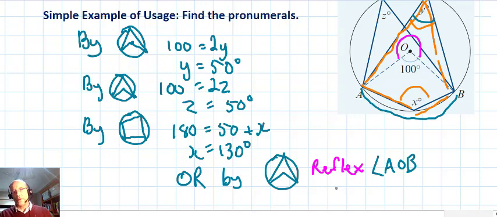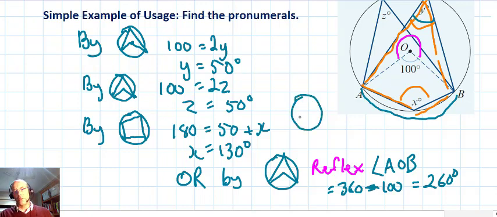We've got 360, a revolution, take 100, equals that reflex AOB, which is 260 degrees, and 260 degrees is going to be twice what x is, because it's that theorem 1, just upside down compared to the typical symbol.